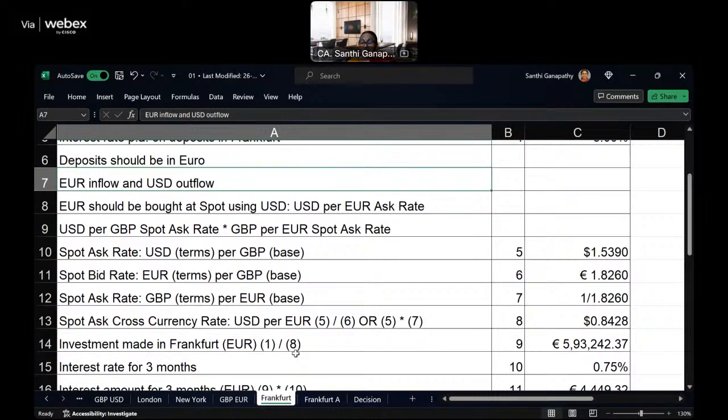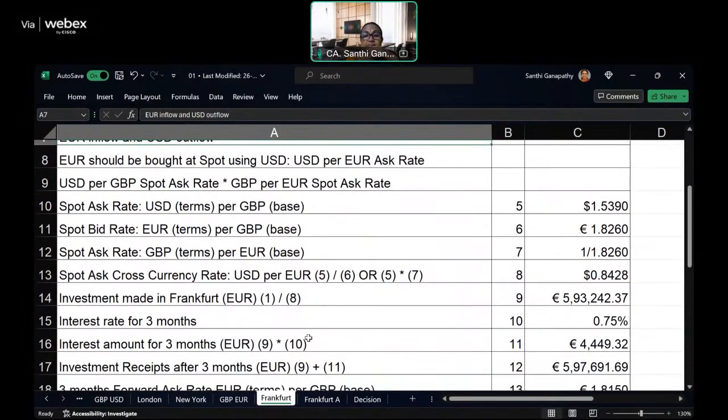So if I want the ask rate, I should take the bid rate there and take the inverse. Okay. Now this is done.